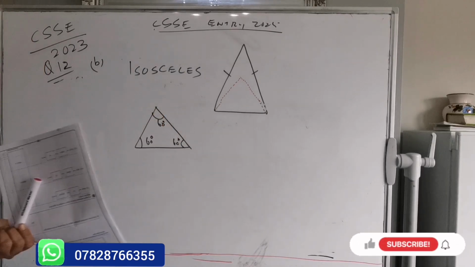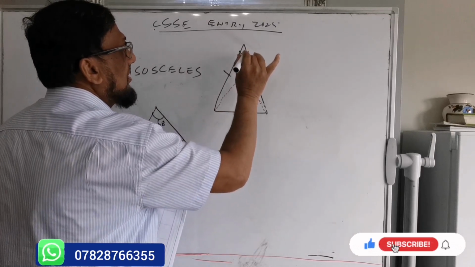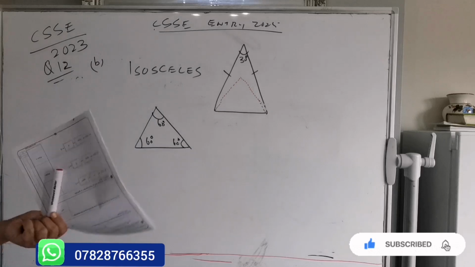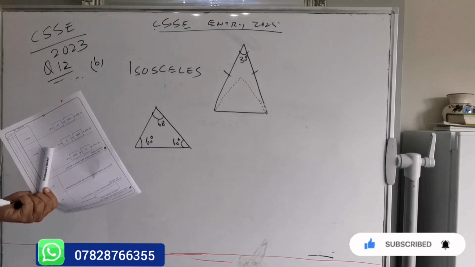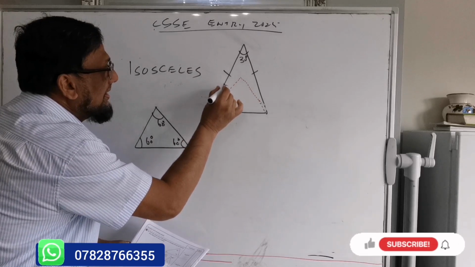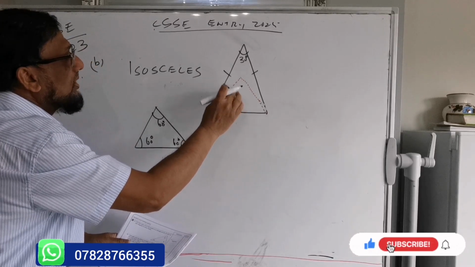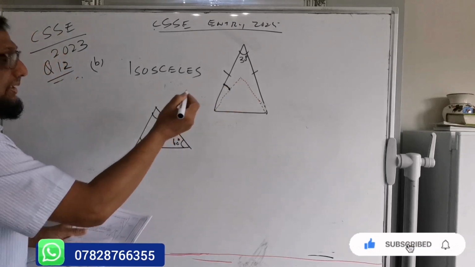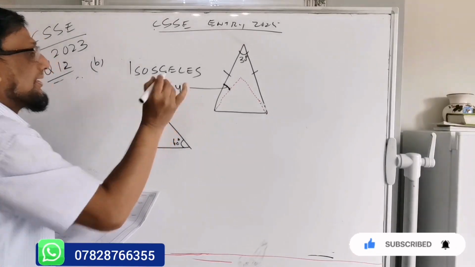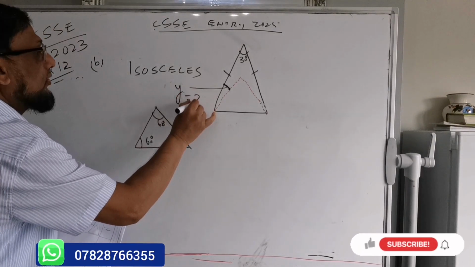Now the examiner is giving this angle, 30 degrees, and is asking you to find this missing angle, the value of y. So we need to find out the value of y.